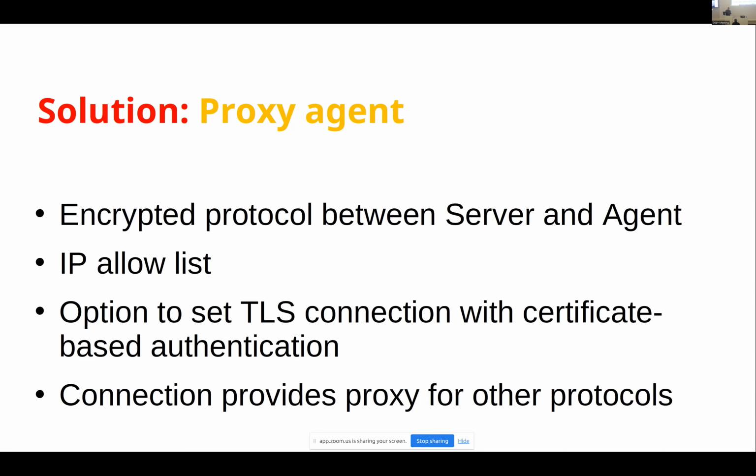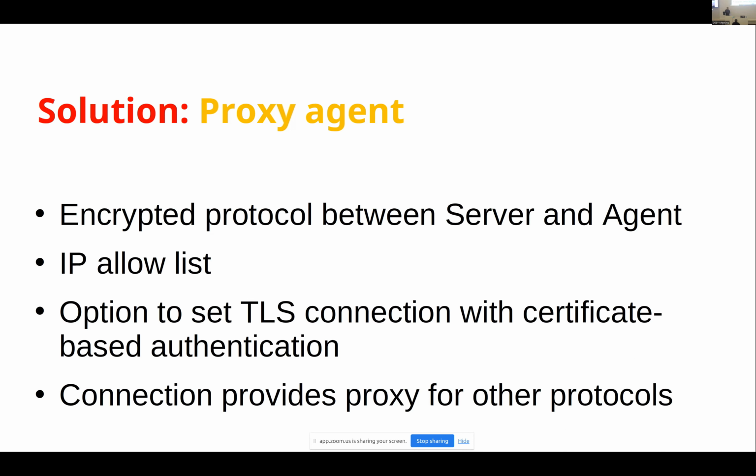And everything is within that single connection. It's very firewall friendly. You only need just one TCP port in either direction between agent and the server. So it's possible that the server connects to the agent, or it's possible that the agent connects to the server. In both scenarios, a single TCP port is enough. And because it's possible to connect from agent to the server, the agent does not need a fixed IP address.